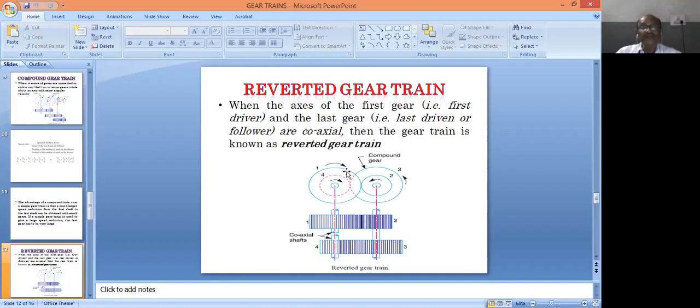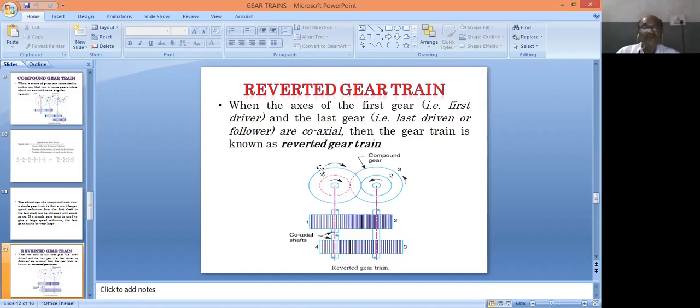So gear 1 drives gear 2. Again, gears 2 and 3 are connected on the same shaft here, so gear 3 also rotates at the same speed as gear 2. Again, gear 3 drives gear 4, which is mounted on the first shaft.